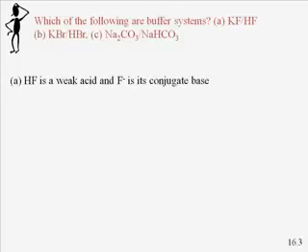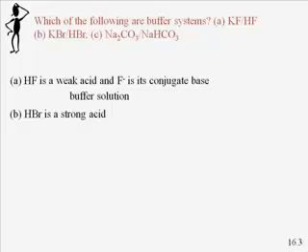Alright, so let's look at these. Here we have some buffer systems, potassium fluoride and hydrogen fluoride. We have the weak acid, and the fluoride is its conjugate base. So yes, that would create a buffer solution. Then the mixture B, potassium bromide and hydrogen bromide. Hydrogen bromide is a strong acid, so it would not be a buffer solution.